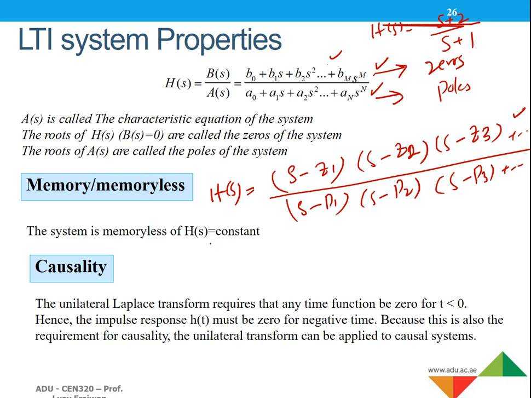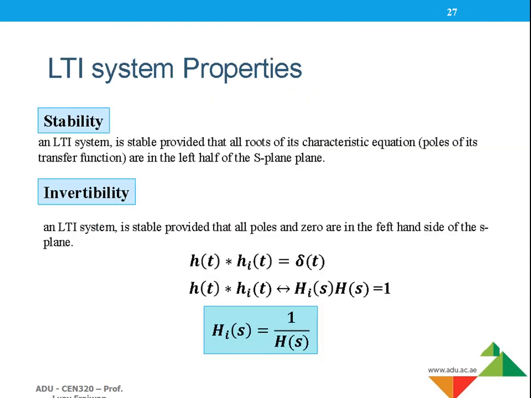If your transfer function is a constant, we call this a memoryless system. Causality: if it is 0 for time less than 0, it will be a causal system. Stability: a system will be stable provided that all roots of its characteristic equation, the poles of its transfer function, are in the left half of the s-plane.